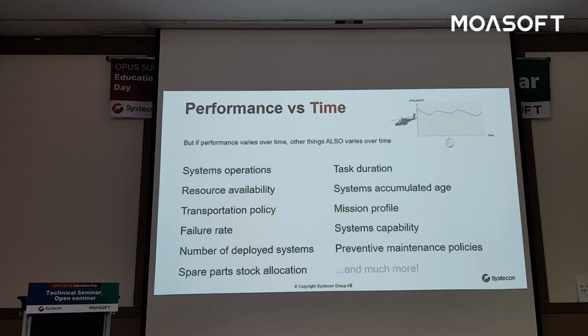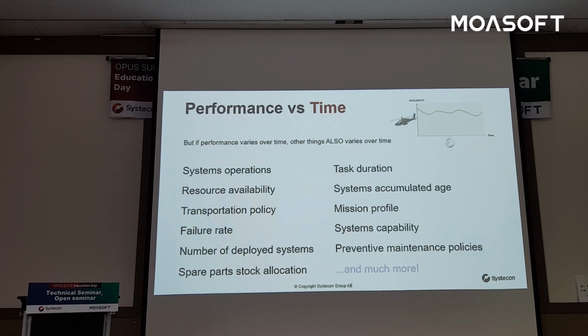If the performance varies over time, it means that a lot of other things can also vary over time. So when we build a simulation model, the system's operations can be defined with any variation over time.